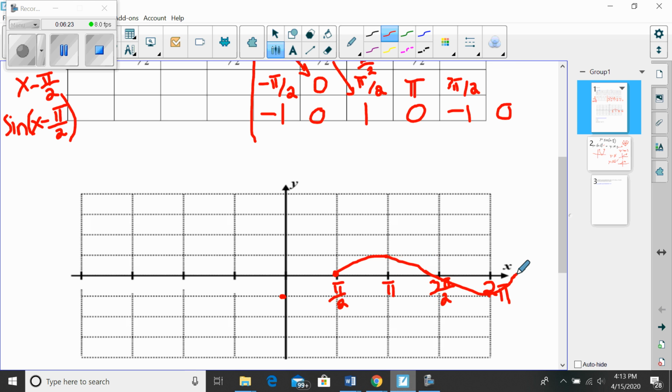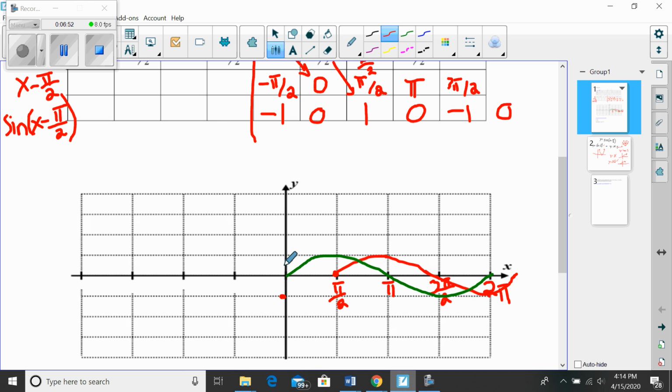So I didn't change the period. It still takes me 2 pi to get a full cycle. The period didn't change, the frequency didn't change, but what happened is if I were to graph my standard sine curve in green here, I've taken my standard sine curve and shifted it over to the right, pi over 2 units.